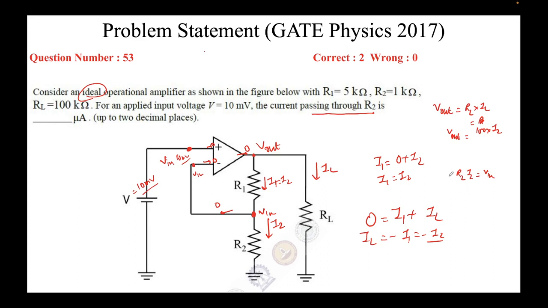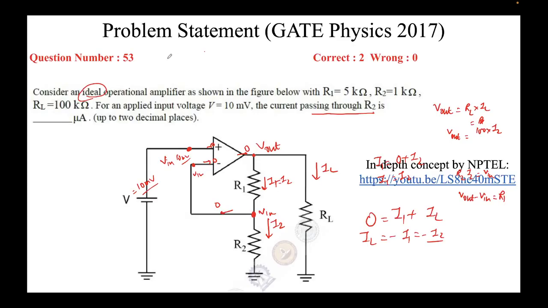And apply Ohm's law across this resistor. So I'll get V out minus V in equal to R1. I'll write all these Ohm's law expressions on the next slide because there's less space.